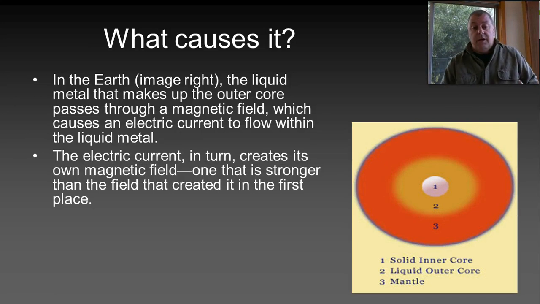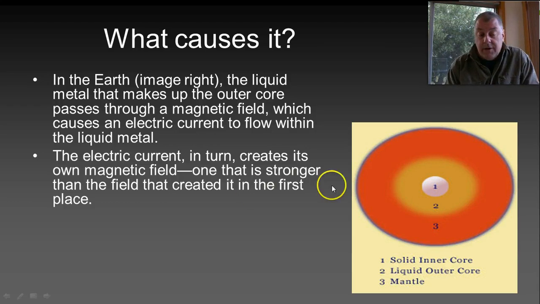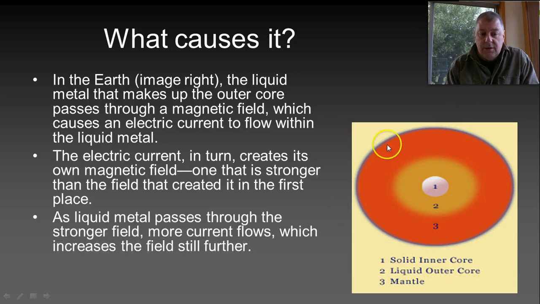we're generating an electric current because there's charges flowing, and that electric current in the swirling outer core generates a magnetic field itself, and that field is stronger than the very weak magnetic field that is causing the current in the first place.